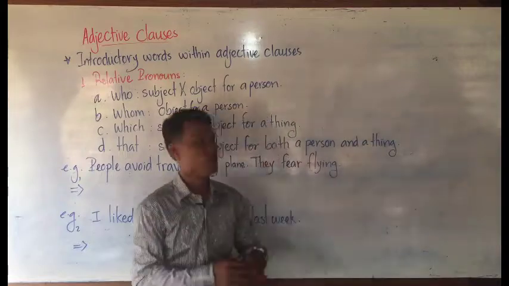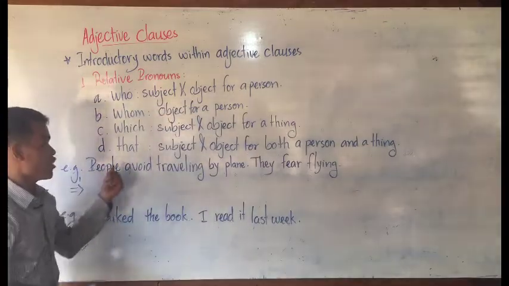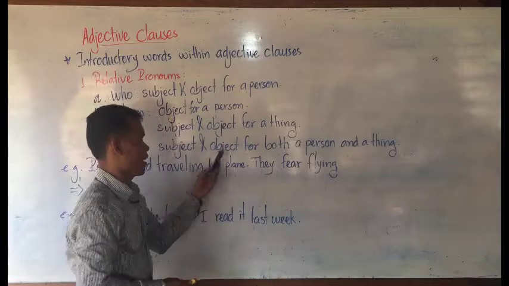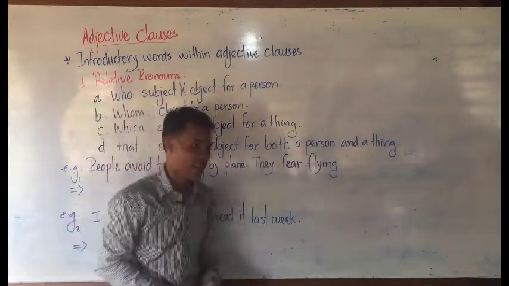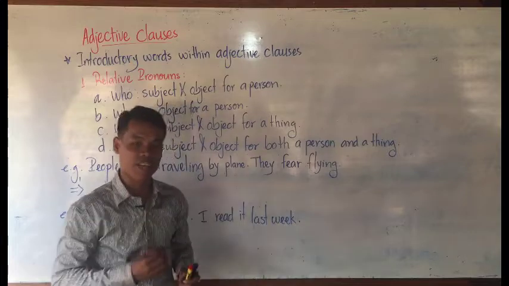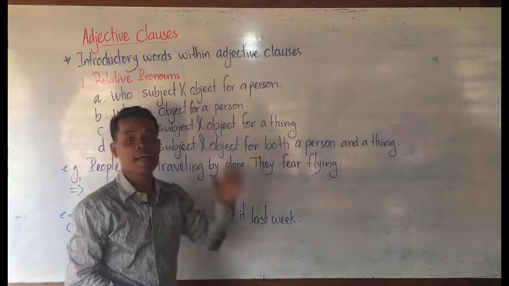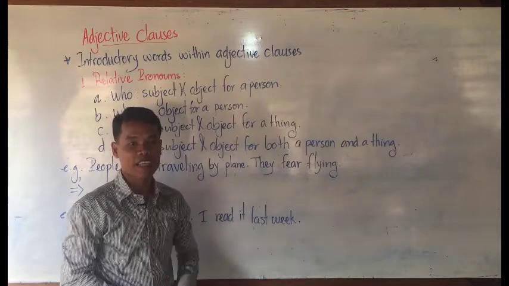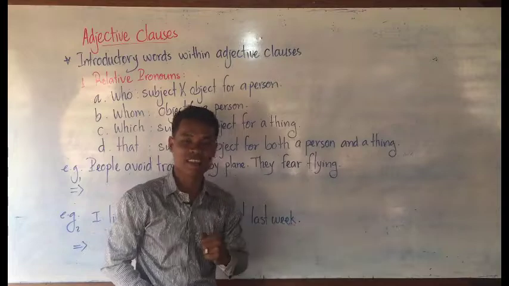How about "that"? Look at the board with me. "That" functions as subject and object. "That" is used for both a person and a thing. It's a bit strange because "who" is for a person, "whom" for a person, "which" for a thing only, but "that" is used for both a person and a thing.